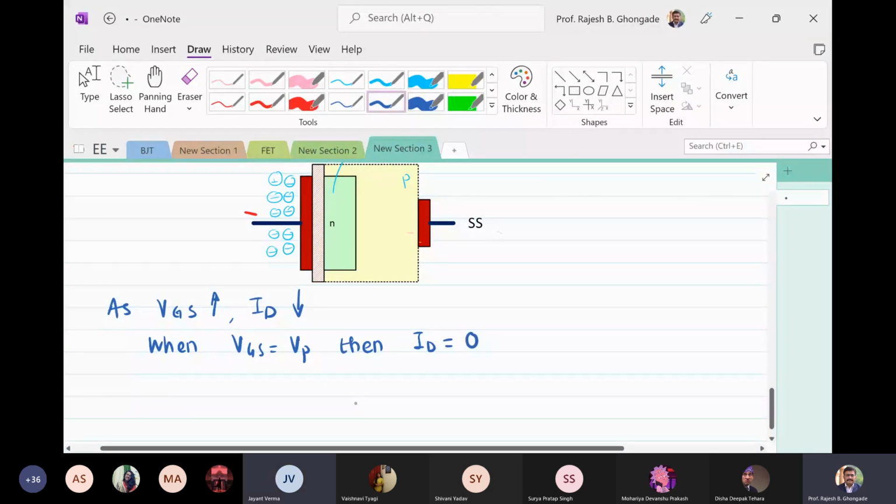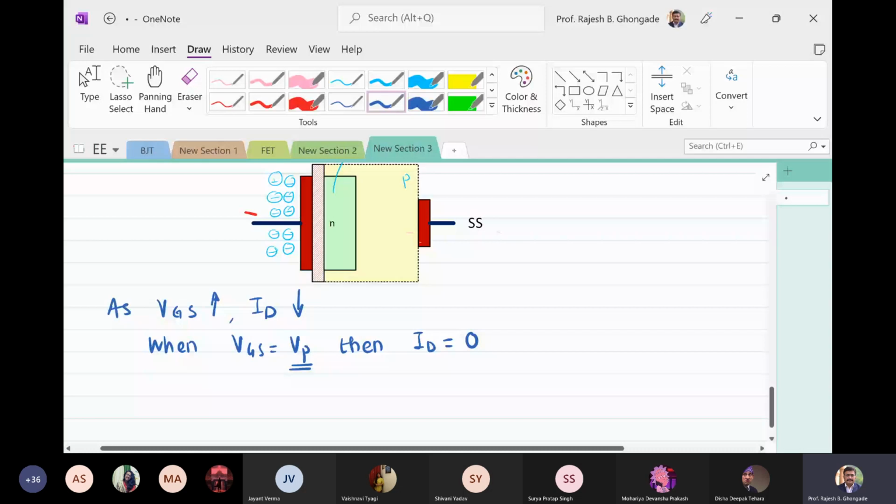VP or VDSS? VP, pinch off. We'll see more about that when we see the characteristics. But for the junction field effect transistor we have also studied what the pinch-off voltage is. Yes, yesterday we have seen that.